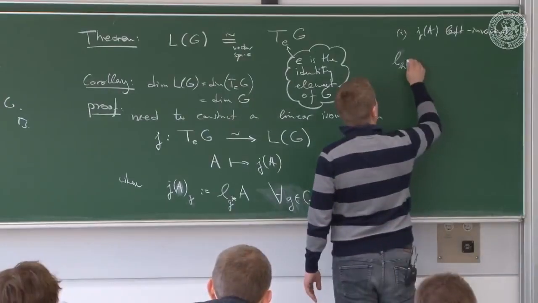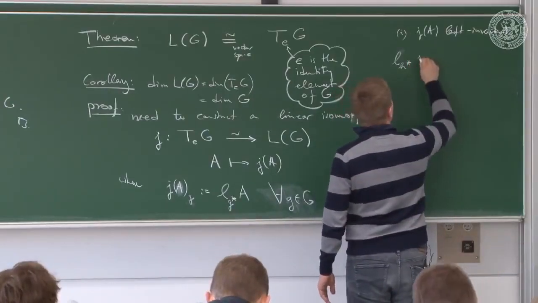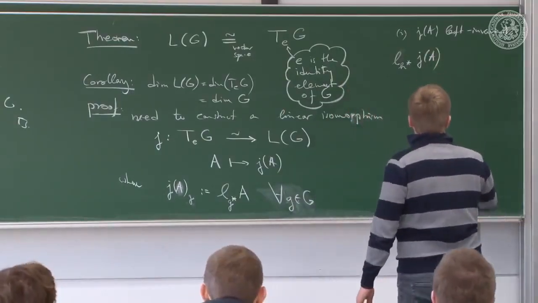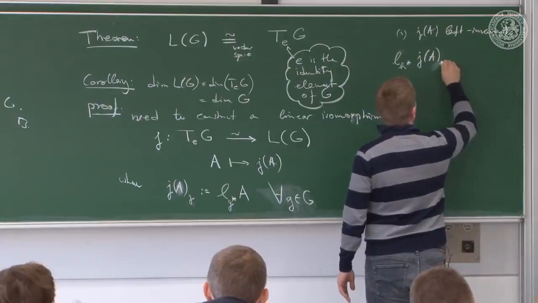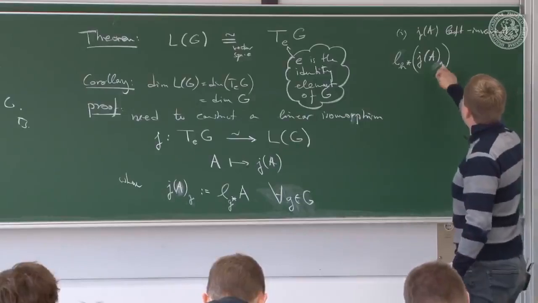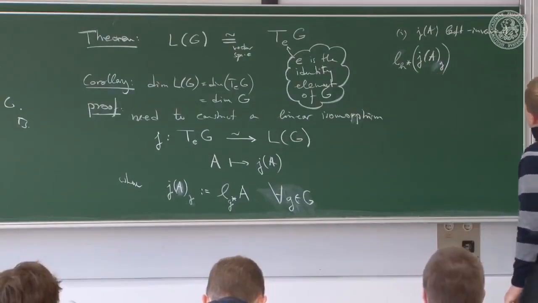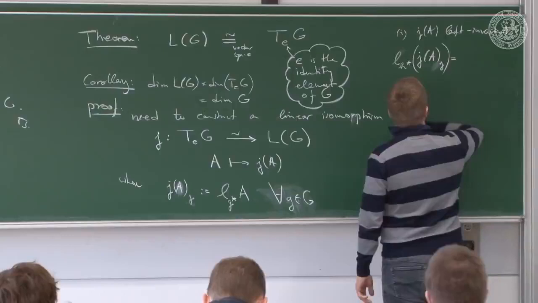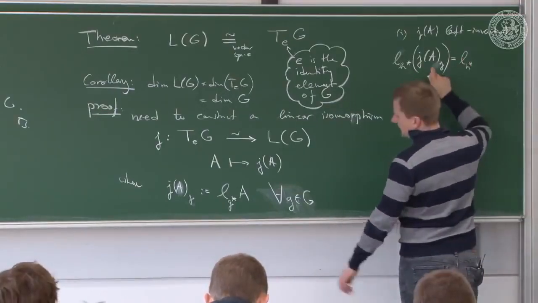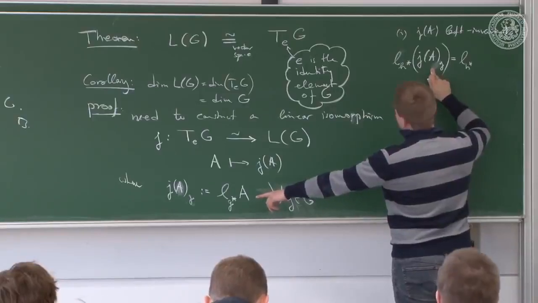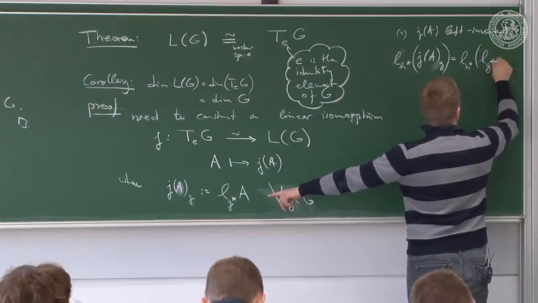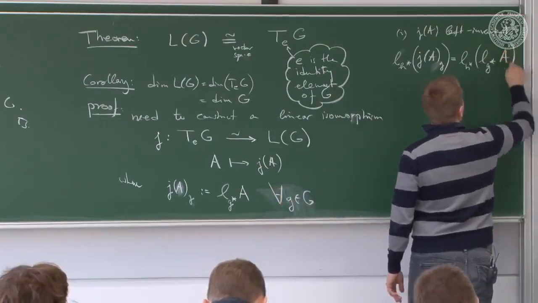L_H pushes the J of A, and I push the J of A at the position G, and I want to show that that is the J of A at position HG. So how do I do this? Well, I plug in what this is. This is L_H push forward. Now this guy itself, right, as it's there, is the push forward L_G push forward of a given A.